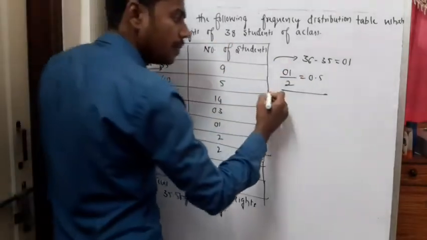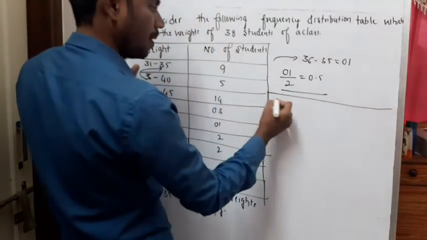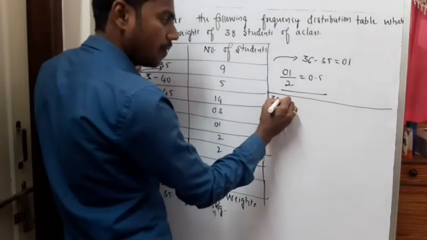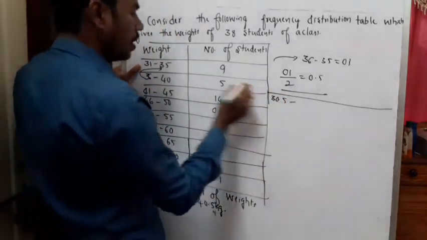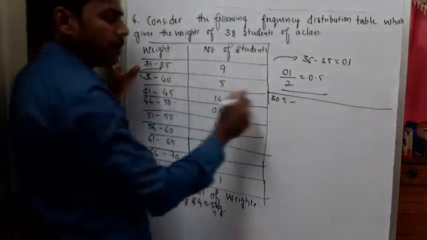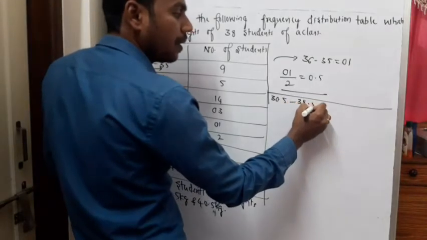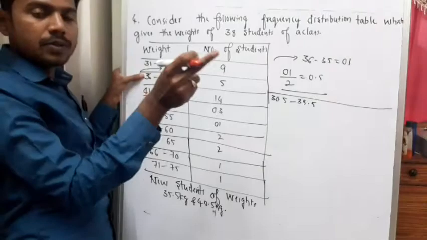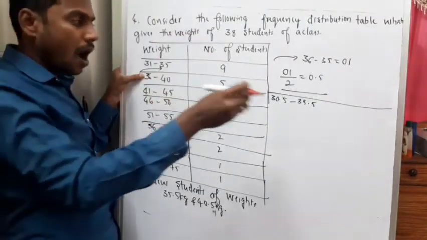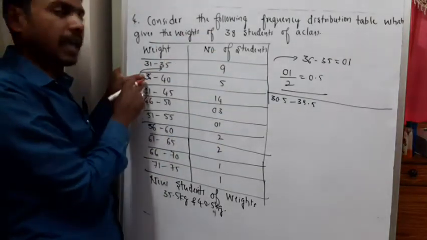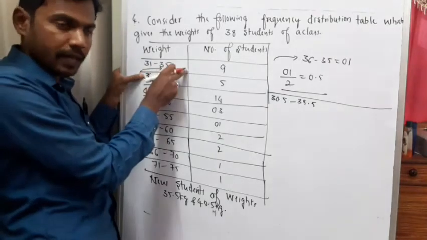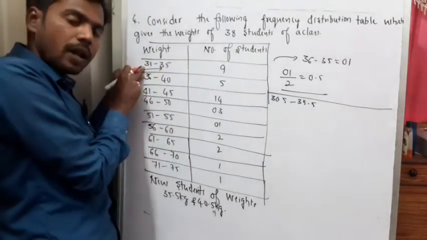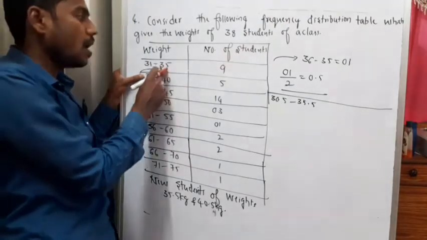So our new table will be: if I subtract 0.5 from the lower limit, it will be 30.5 to, adding 0.5 to the upper limit, 35.5. What we did: the gap of 1 was there, so we take half of the gap, subtract half from the lower limit and add half to the upper limit.